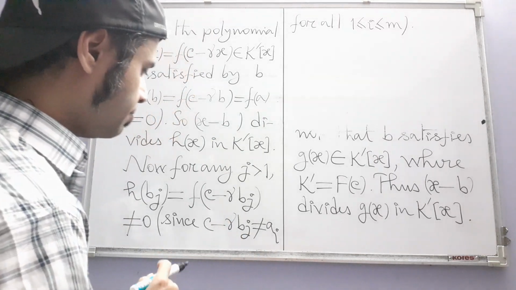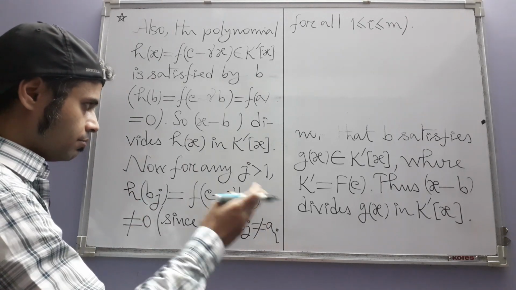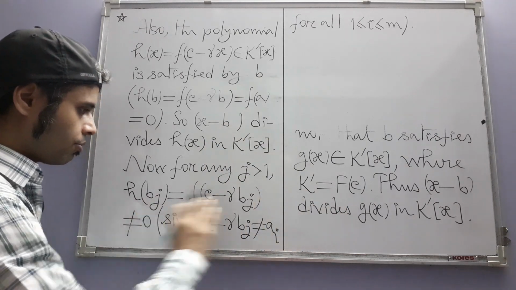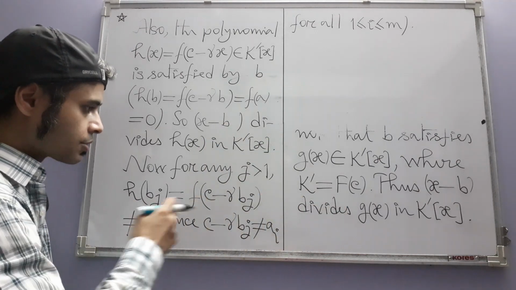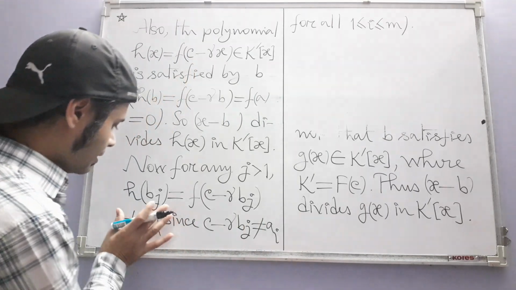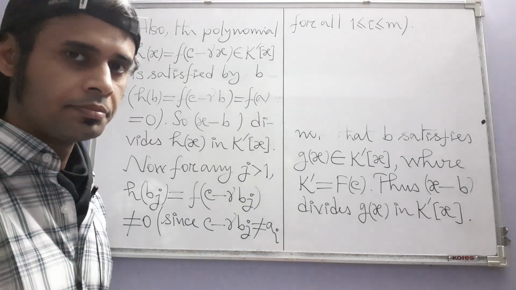So besides the factor x minus b, there is no other x minus something, and as a result no products of them, that can divide the polynomial hx in this ring.